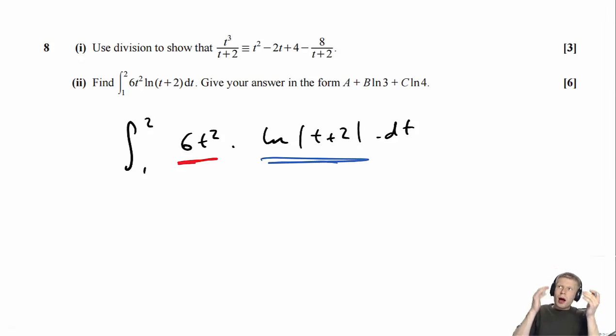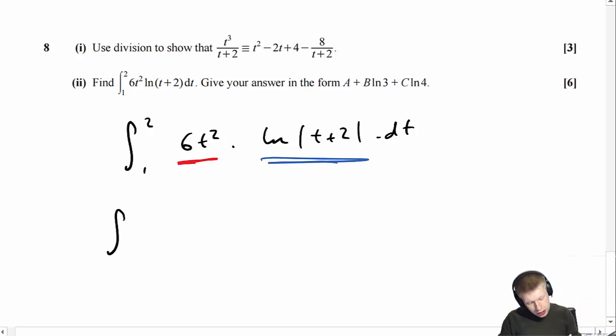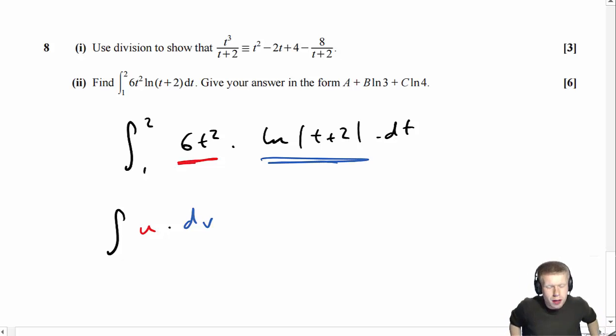That must mean, well, if it was differentiating, I'd use the product rule. Two functions being multiplied together and I don't want to differentiate them, I use the integration version of the product rule, which is called integration by parts. Now, integration by parts runs that the integration of one function that I call u multiplied by the derivative of v, basically, so dv, okay?